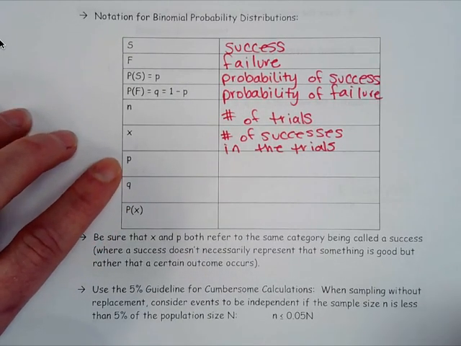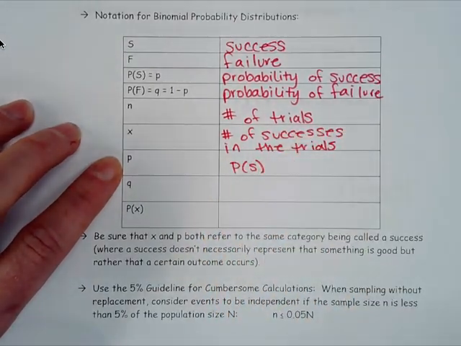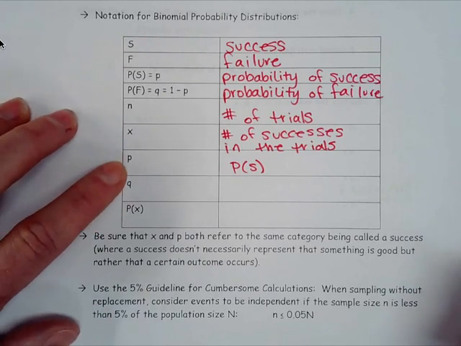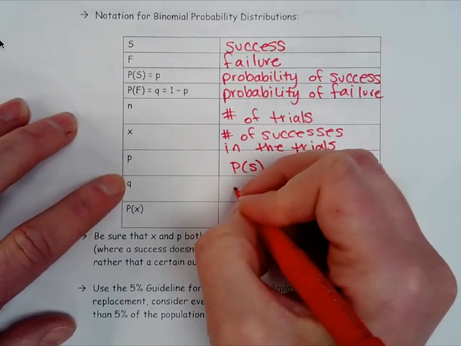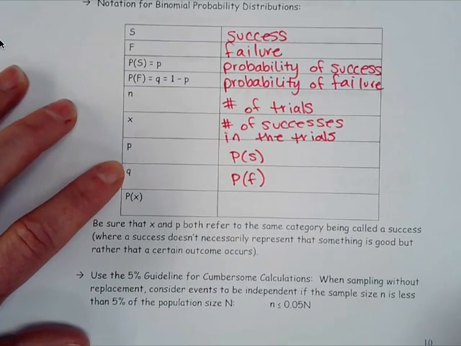P is your probability of success, so I'm just going to put P of S. We're going to use some formulas that involve n, x, p, and q. So you just need to know that p is your probability of success, and q is your probability of failure.